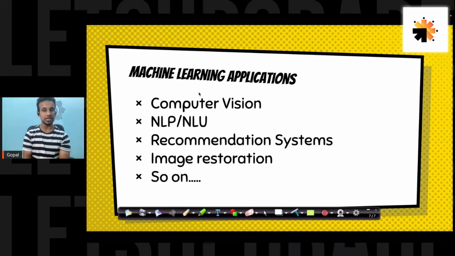Then we have recommendation systems. Then we have image restoration: say you have a distorted image of your grandpa or grandma, and you can restore those pixel values to make it the way it was before. Honestly, wherever data accumulates in a large amount, you can apply machine learning over it without an issue.